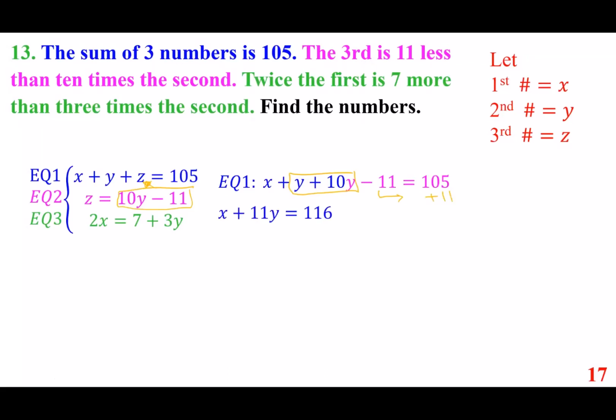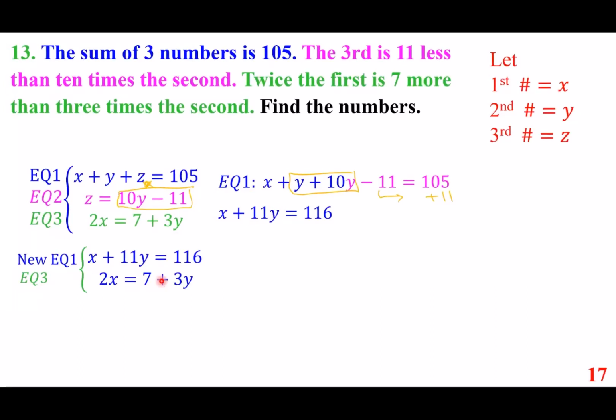So now I have two variables here. Equation 1 and equation 3. Equation 1 changed to this. This is the new equation 1, remember that. And equation 3, 2x equals 7 plus 3y, we're not changing that.